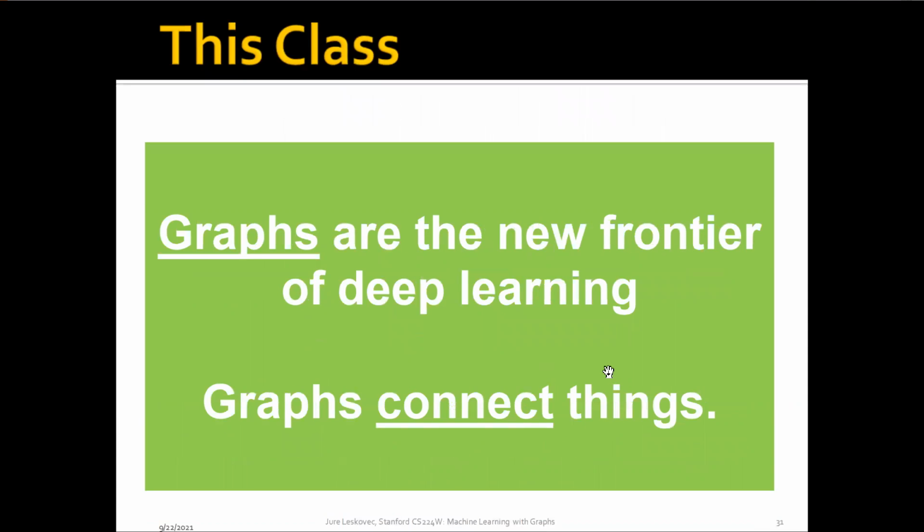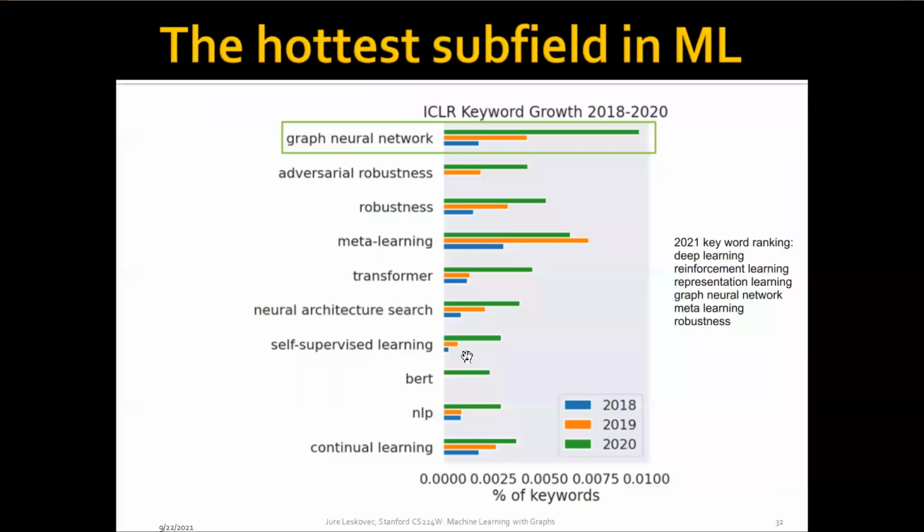So this Stanford course is mainly about graphs, right? So it's a new frontier of deep learning, and the graphs is basically just connect things. And when we do the modeling, we need to take advantage of these connections and the relationships.